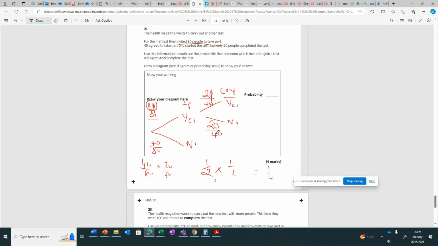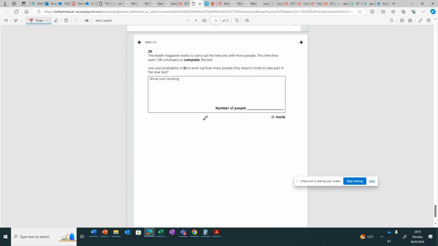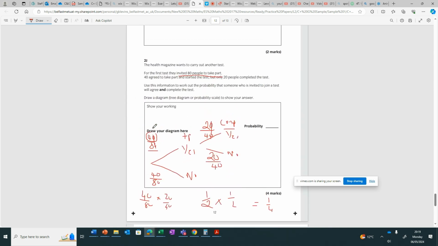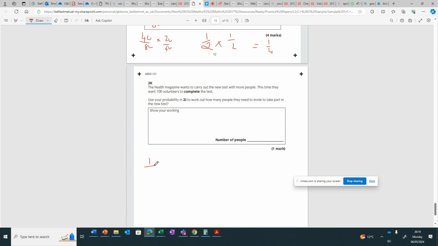Now it says they want 100 people to complete. So how many people do they ask? They know that 1/4 of the people they ask will actually complete. Well, 1/4 of 100 is 25, but they want 100 to complete.